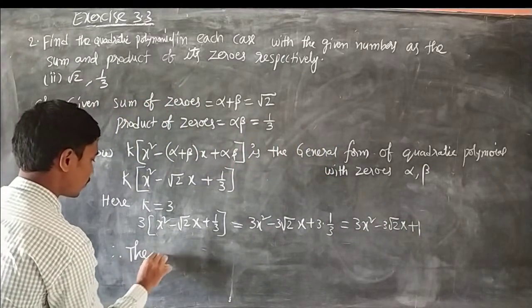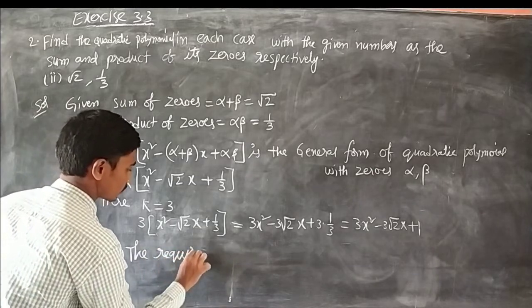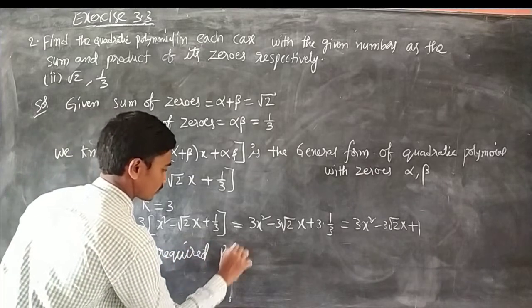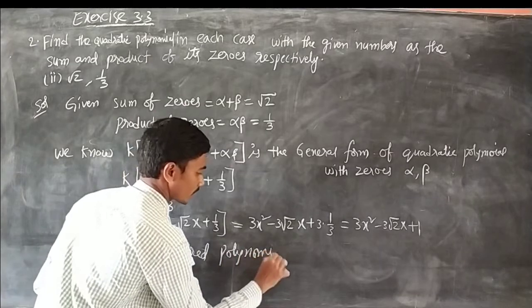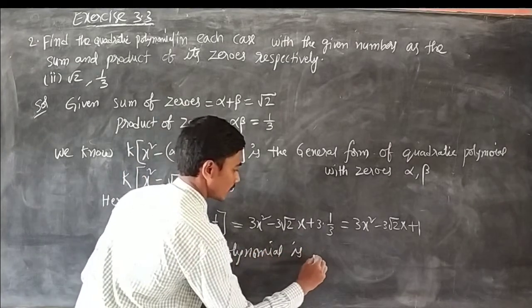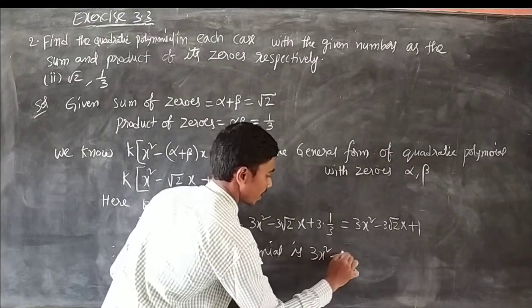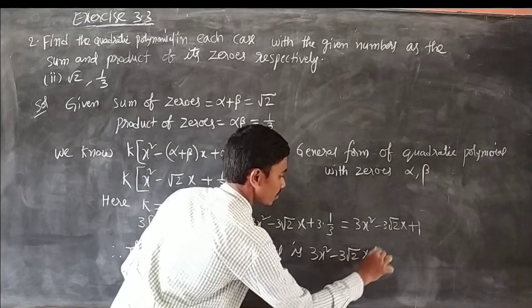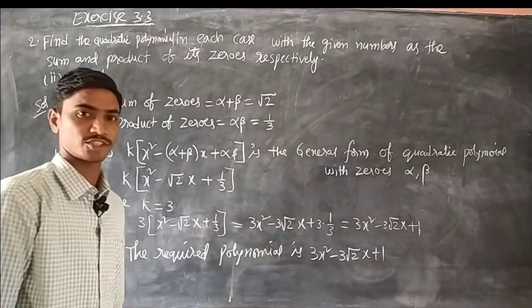Therefore, the required polynomial is 3x square minus 3 root 2x plus 1. Here is the solution.